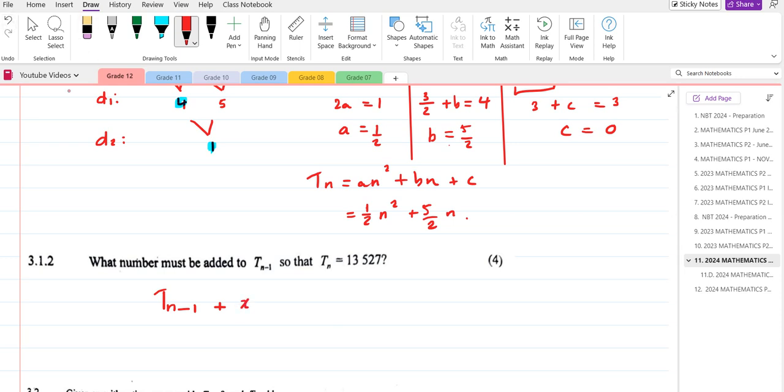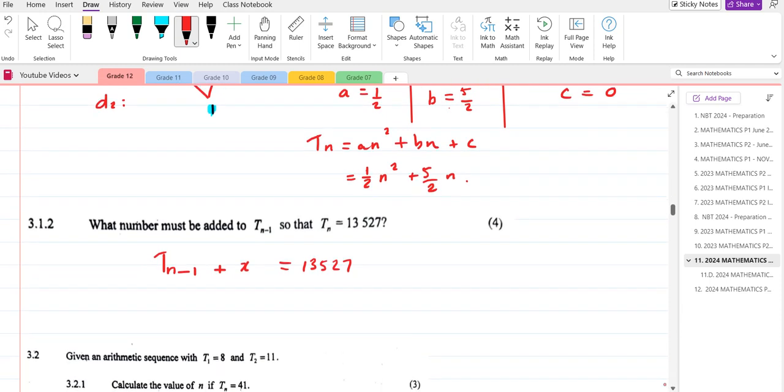X is a number, and that's 13,527. What is Tn minus 1? In the place of n, I'm going to substitute n minus 1. So what we have is half into n minus 1 squared plus 5 over 2.